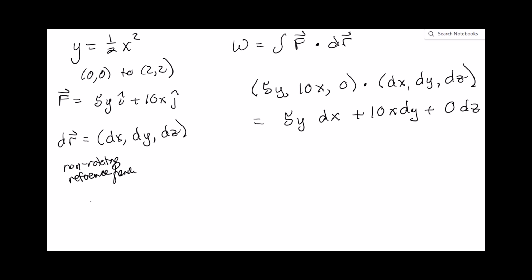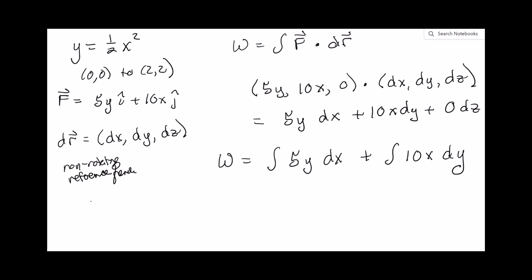Okay, so all that goes in an integral, and since I know I can break integrals apart at plus signs, I'm just going to go ahead and do that. So I can pull my work out as being the integral of 5y dx plus the integral of 10x dy. Here's the problem.